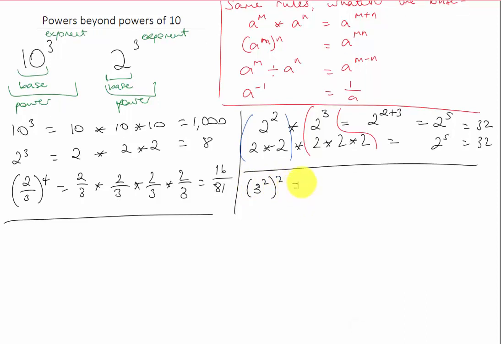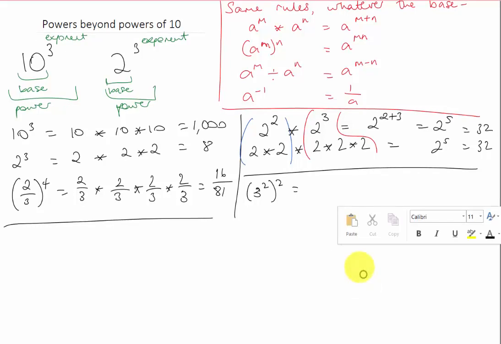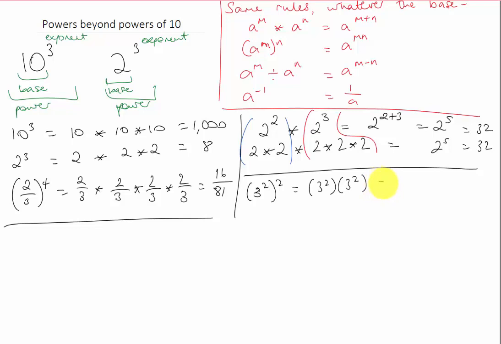So that's 3 squared times 3 squared, which is 3 times 3 times 3 times 3, which is 81. 3 times 3 is 9, times 3 is 27, times 3 is 81, which is just the same as saying 3 to the power 2 times 2, 3 to the 4. So you see this all is the same.